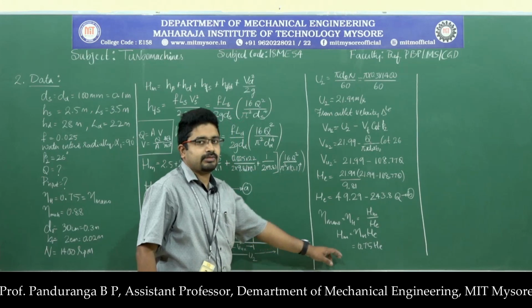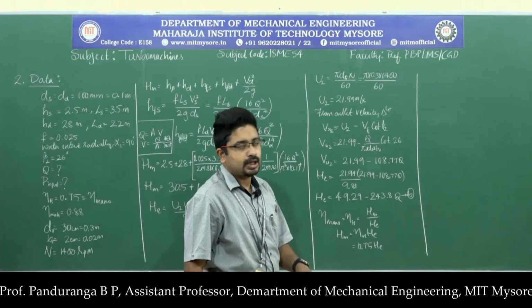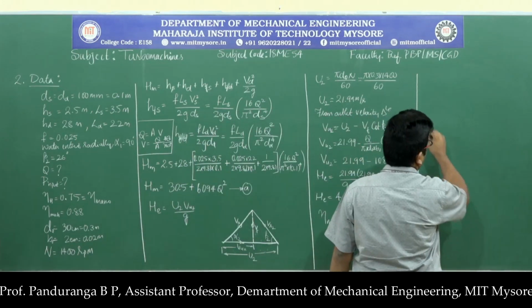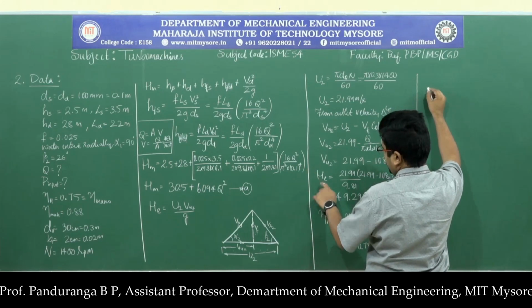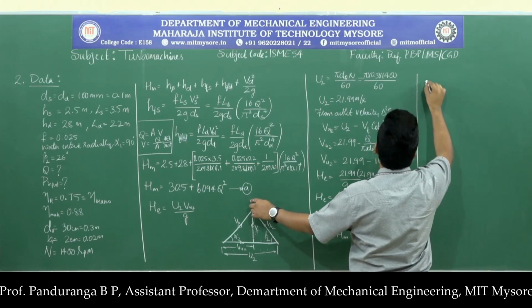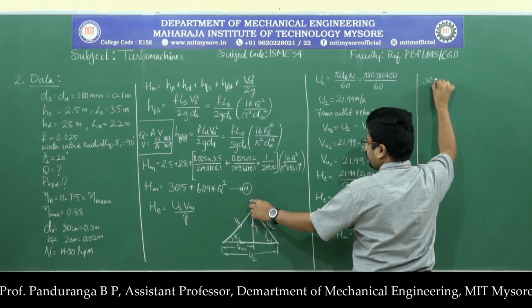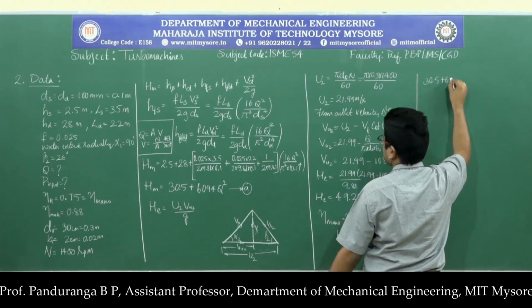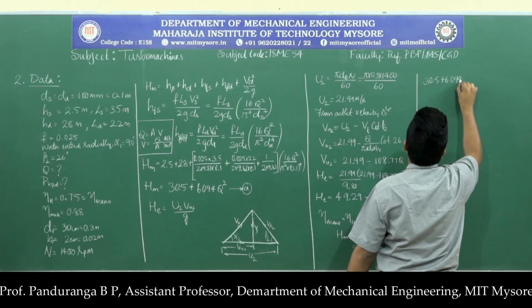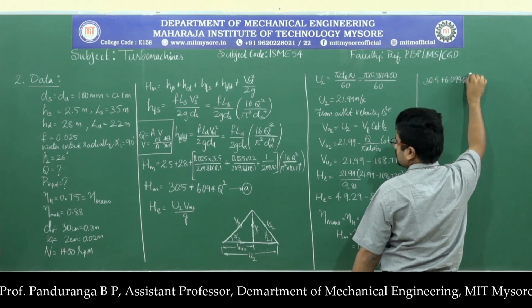Now I will substitute Hm and He by using equation A and B, and I can write Hm is here 30.5 plus 6094 times of Q square.